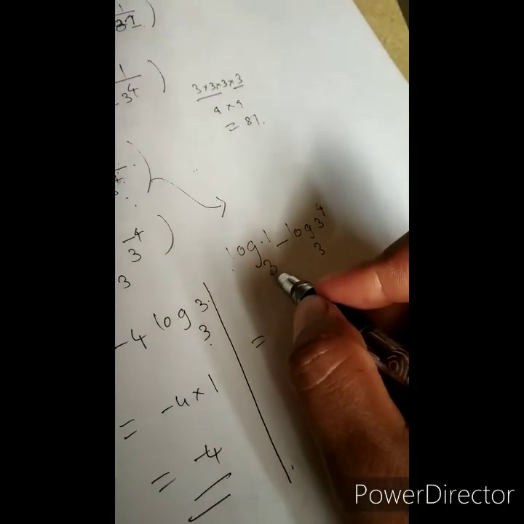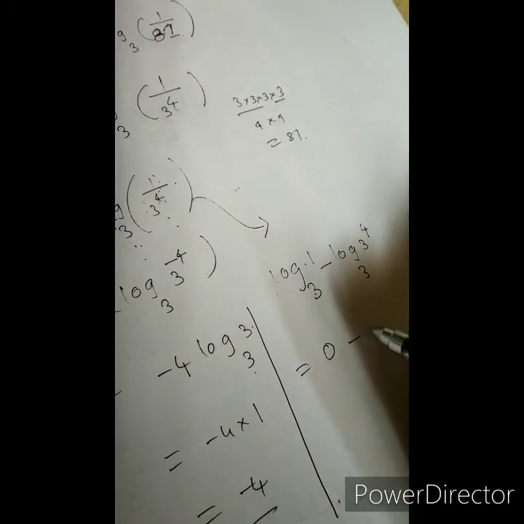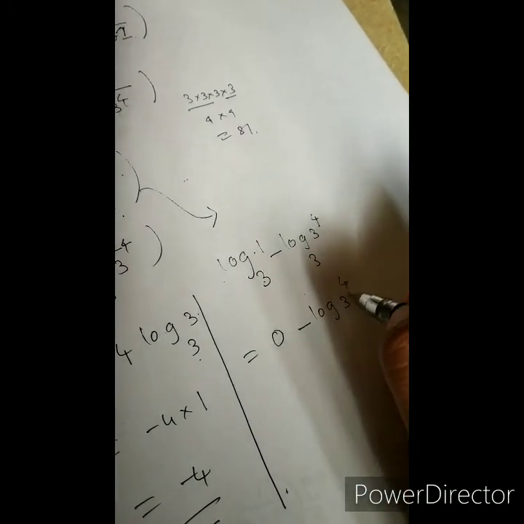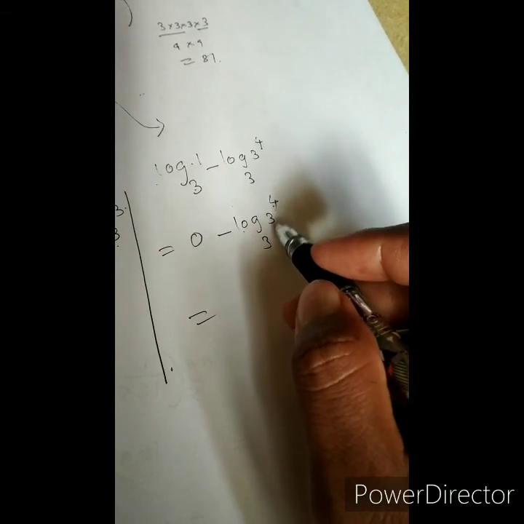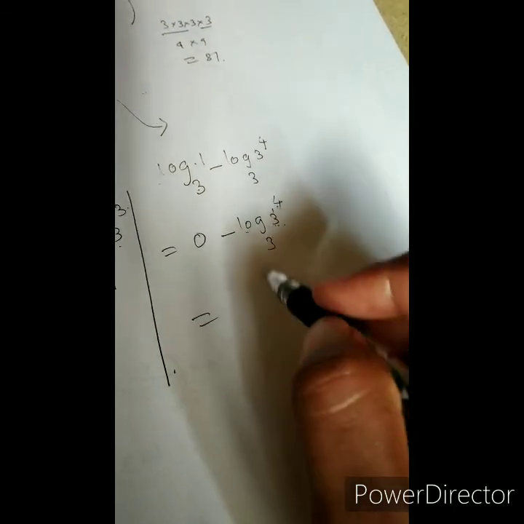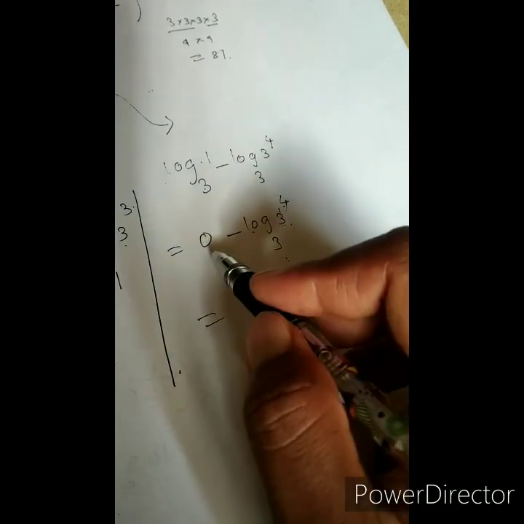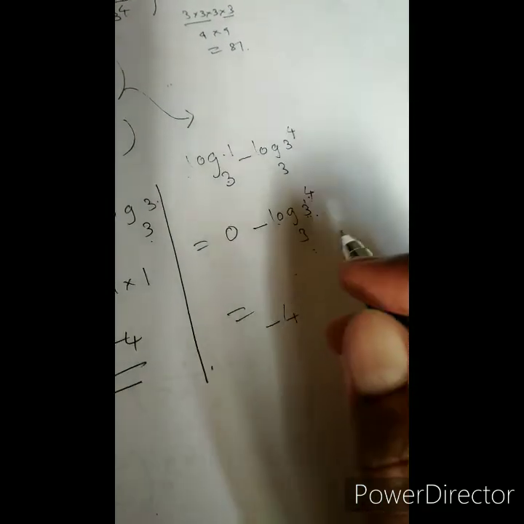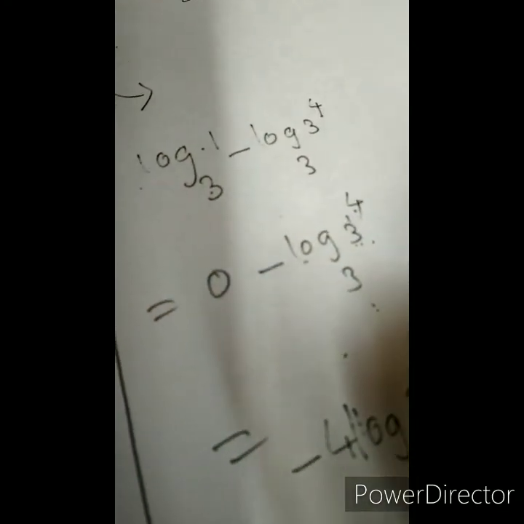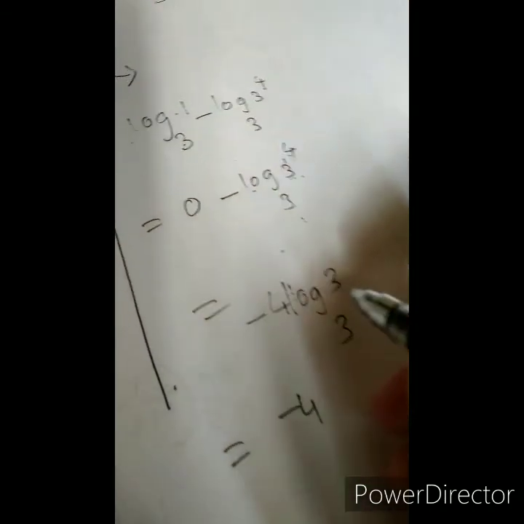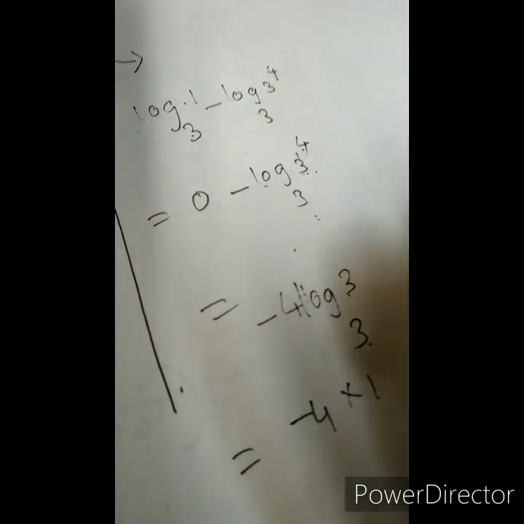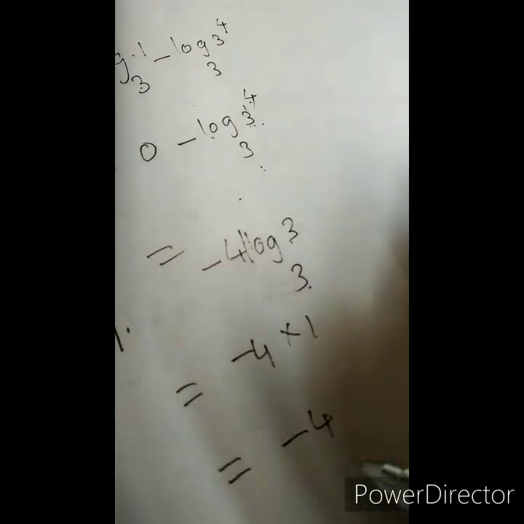So log 1 to any base is 0, minus here log 3 power 4 to the base 3. Use here the logarithm of m power n to the base a, so minus 4 comes this side: minus 4 logarithm of 3 base 3. So this is equal to minus 4, since logarithm of 3 base 3 value is 1.